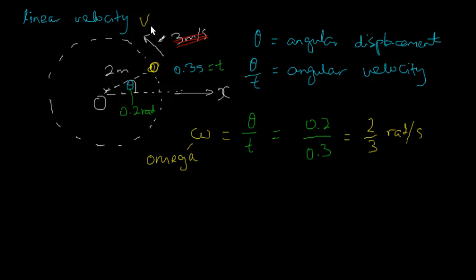So we call this the linear velocity, and we want to know how to find it, because suppose that I know that the radius of this circle is 2 meters, and I know that the angular velocity is 2/3 of a radian per second, then basically I know exactly how this ball moves around the circle. Every second it moves over an angle of 2/3 of a radian, and this must mean that the linear velocity, the actual number of meters per second, must be fixed by these conditions.